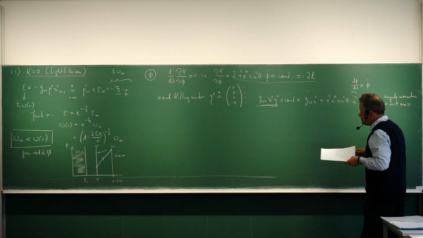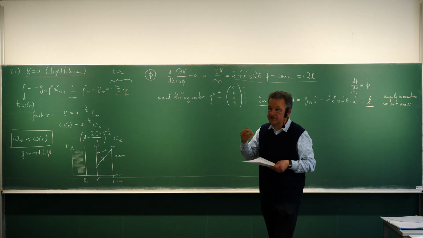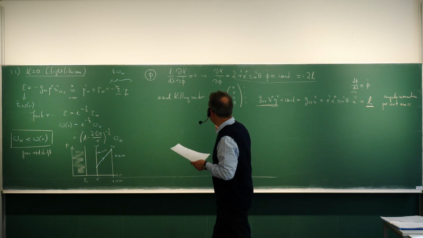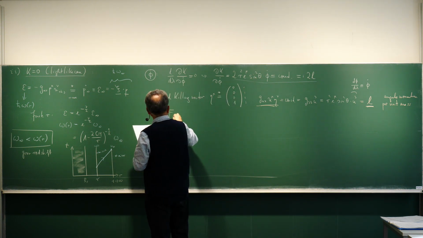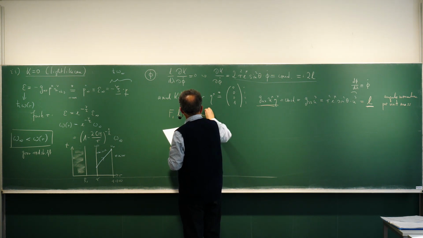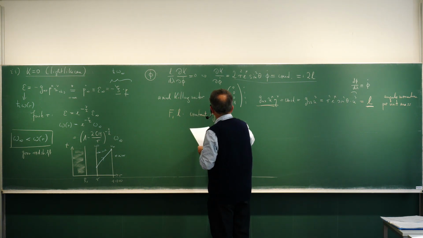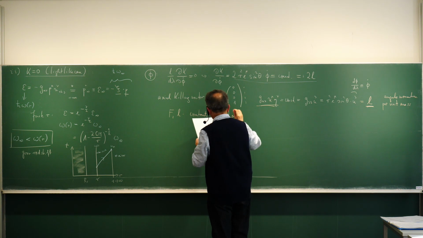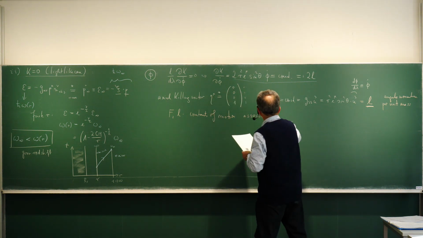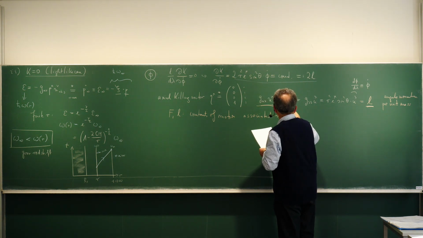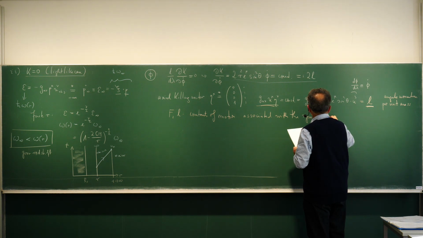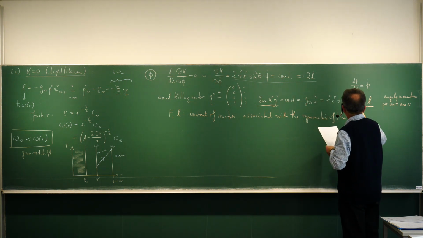So you see we have two Killing vectors and associated with them two constants of motion, which we call F and L. So these are constants of motion associated with the symmetries of the Schwarzschild metric.